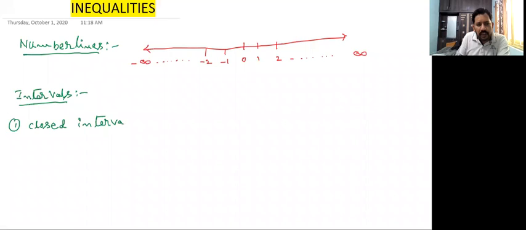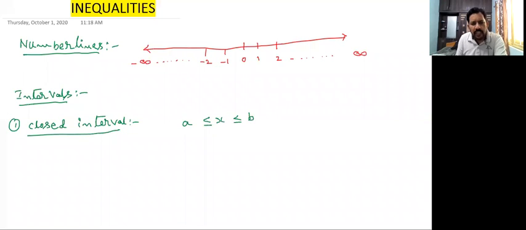Closed interval. See here. Take any real number x such that a is less than or equal to x, which is less than or equal to b. That means the x value lies between a and b, and a closed interval is denoted like this: x belongs to the closed square bracket a comma b.